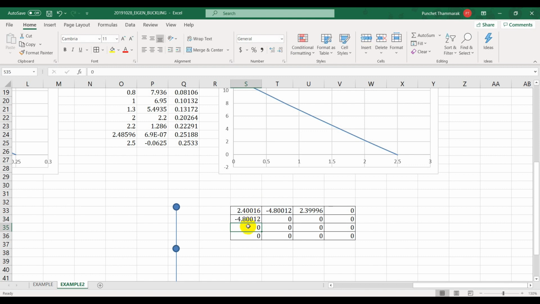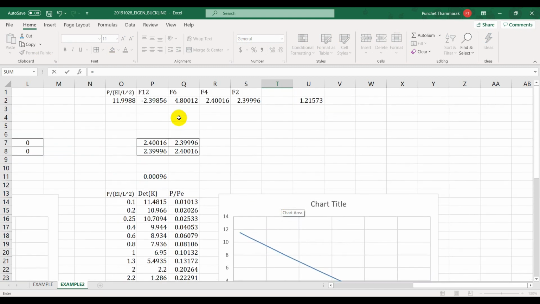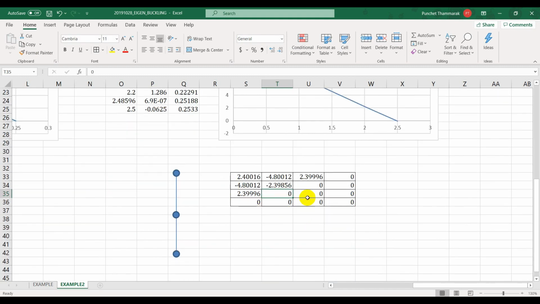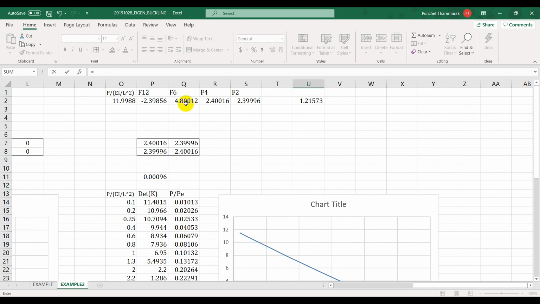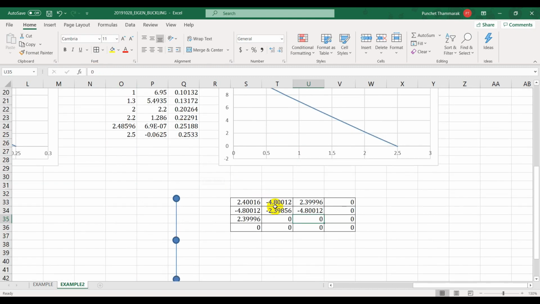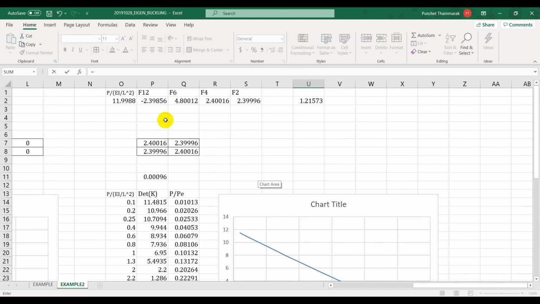This is equals to this, this is equals to this, this is equals to 12, and that is equals to minus 6, equals to minus 6, 2 EI, yeah, minus 6, and then equals to the 4 EI.